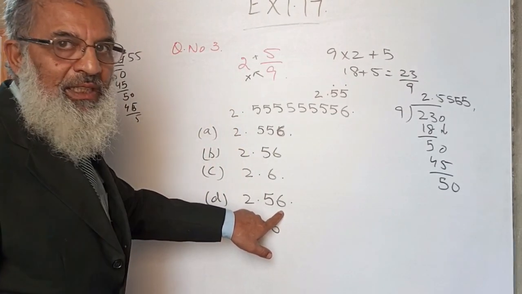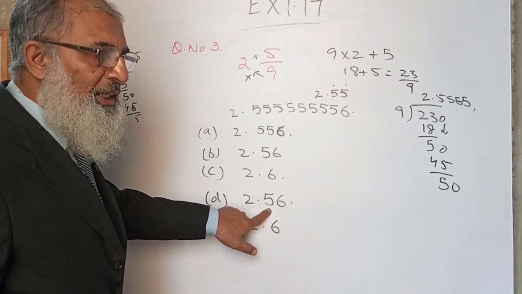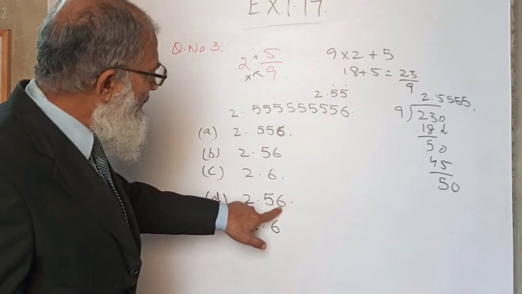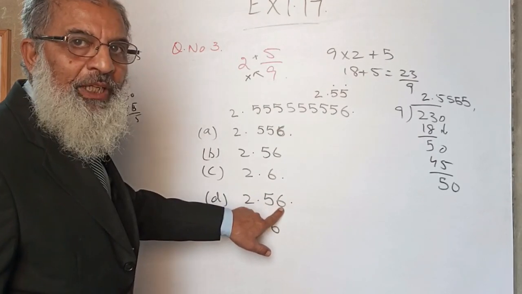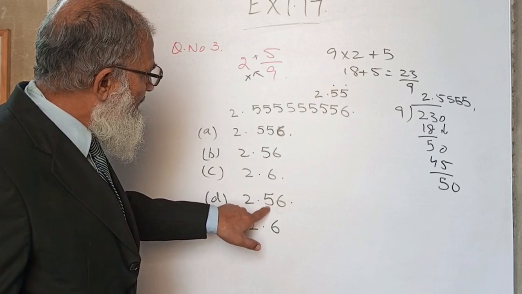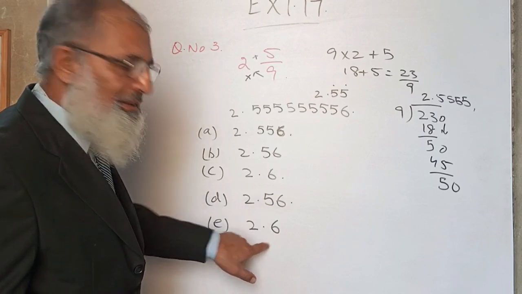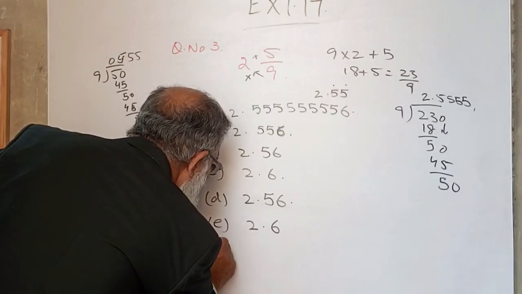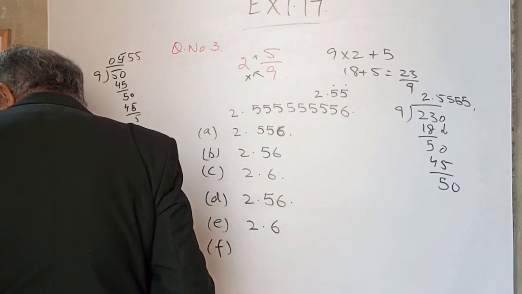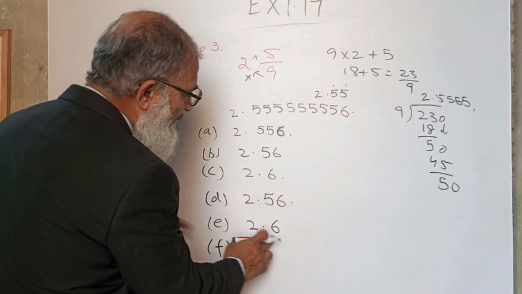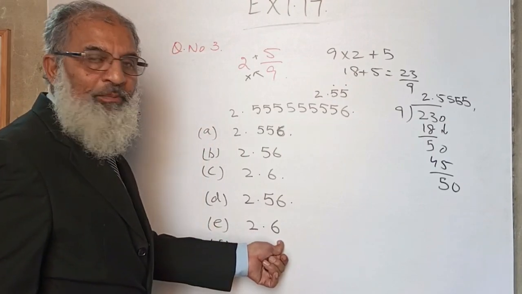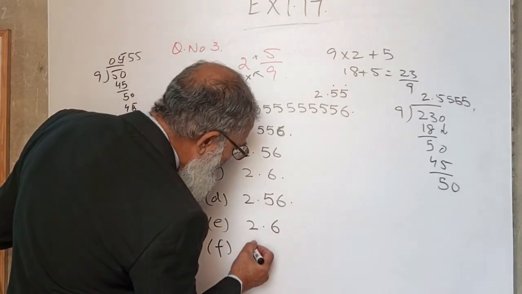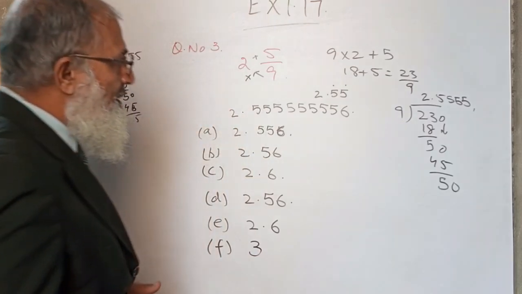You see that this 6 has been brought up over here because this is greater than 0.05, so we shift this 5 to 0.6. And the last, E and F, is one significant figure. This is 6, more than 0.5, more than half, so we write it as 3.